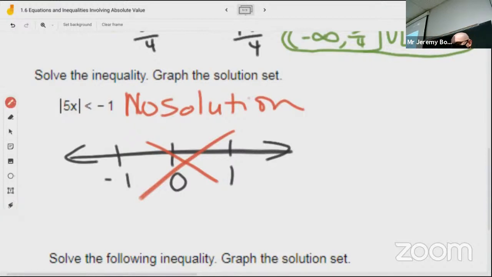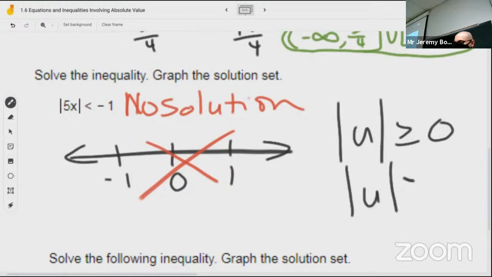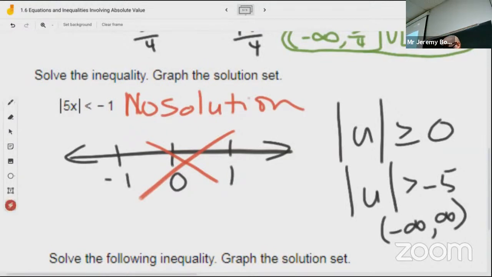No matter what I have, whatever u is, it doesn't really matter. But that's always going to be greater than or equal to 0. So if you have some u is greater than -5 or something, that's going to be all reals all the time. So as long as it's this, it's going to be all reals.